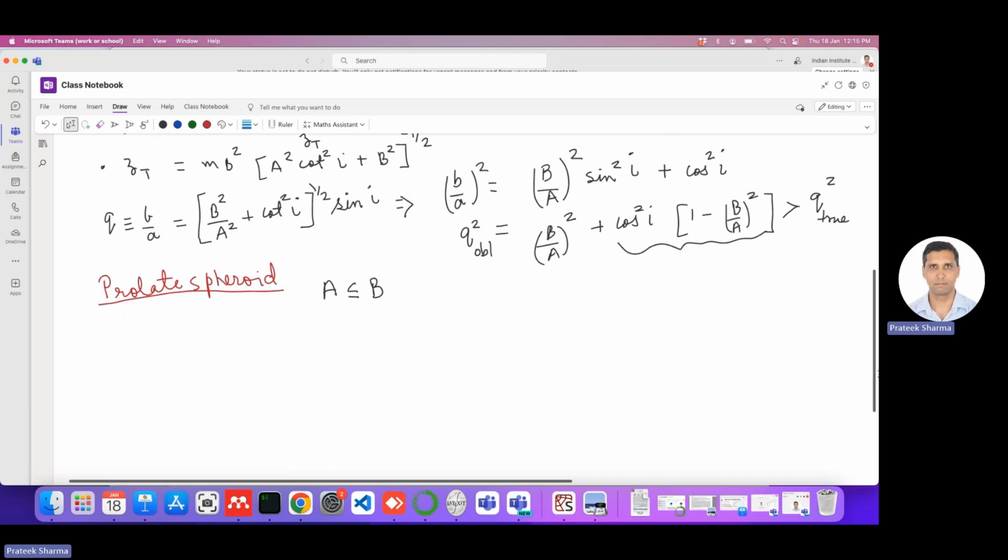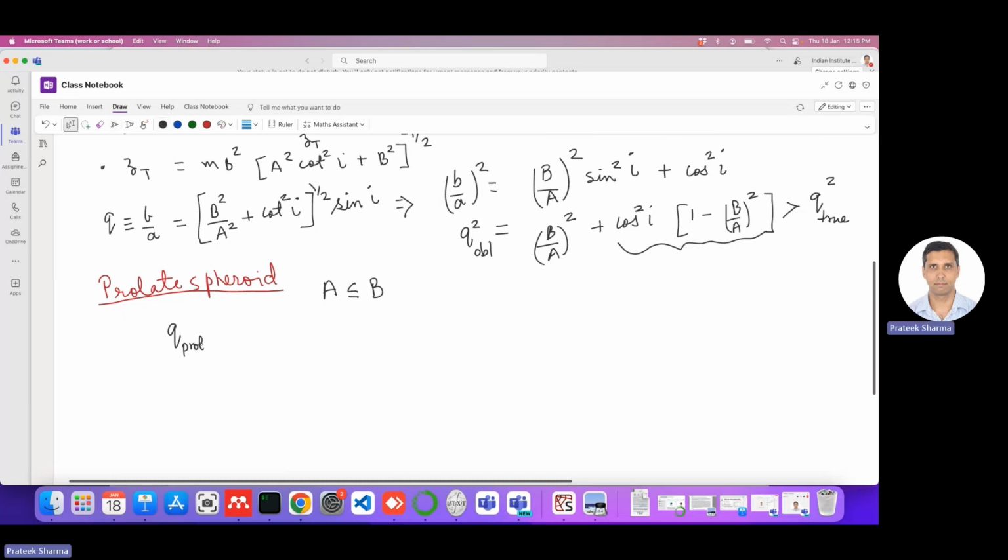The algebra just goes through exactly, except that the projected axis will be longer than the minor axis, right? If you see this at any angle, the small axis will remain the same because of axis symmetry, but the long axis is what will change.